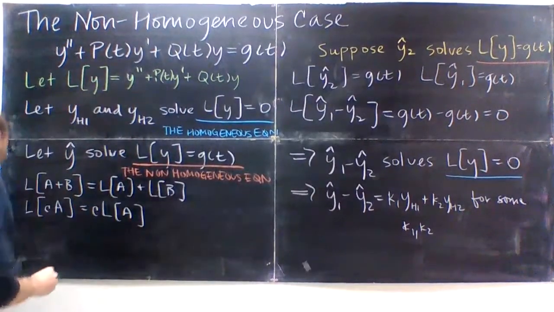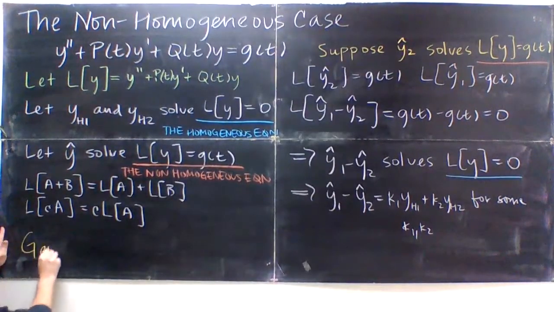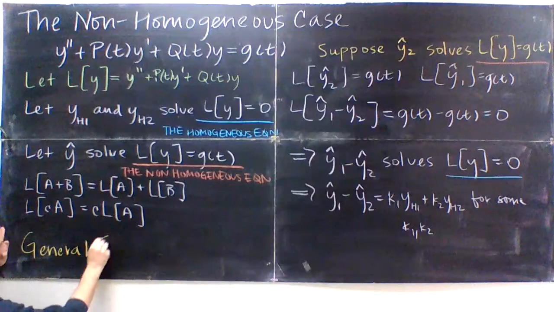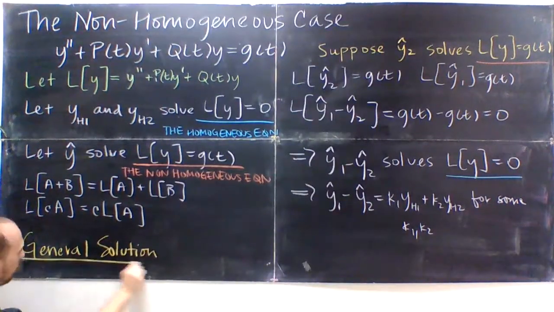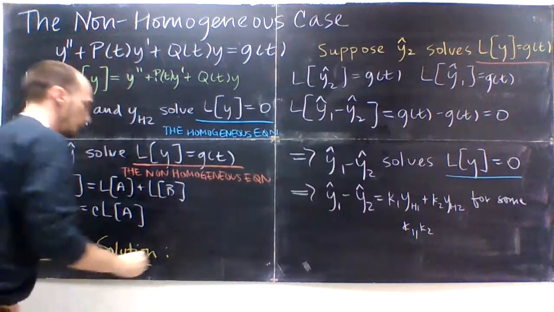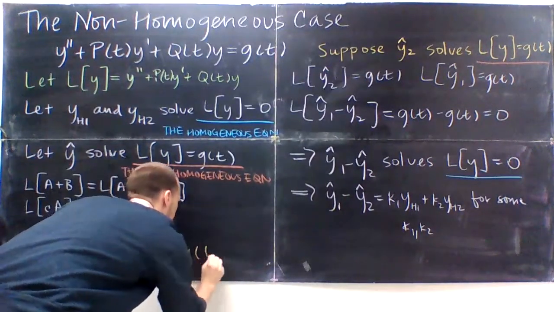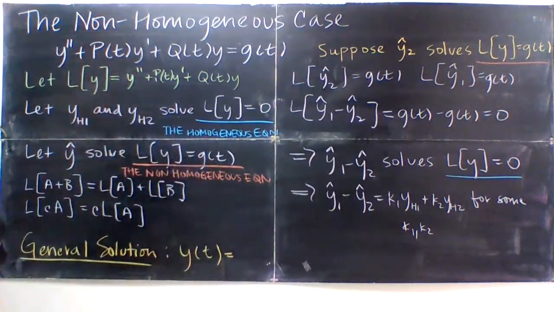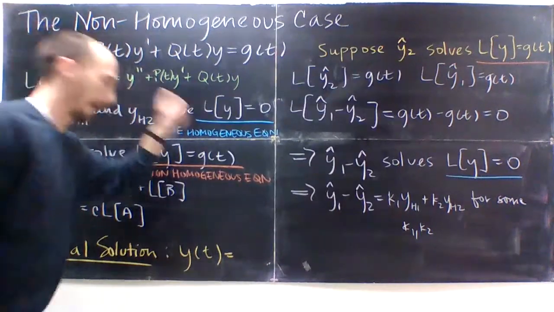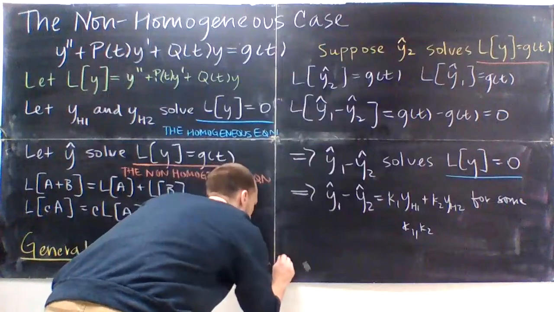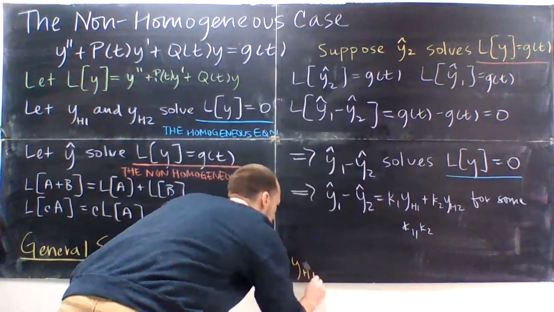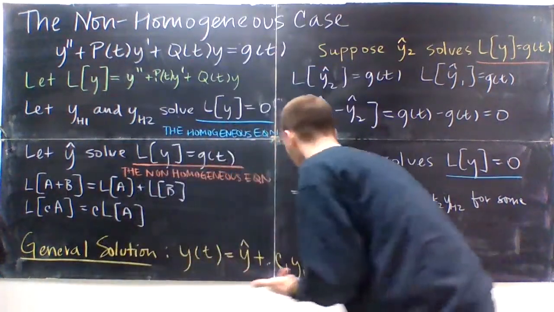So the general solution is going to be y of t equals, well, it's going to be y hat plus some number of the first homogeneous plus some other number of the second homogeneous.